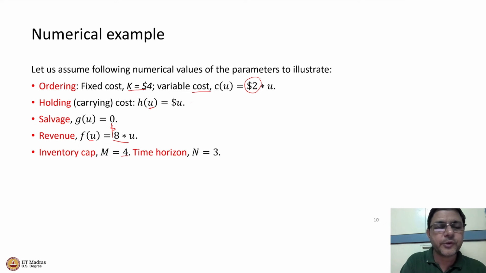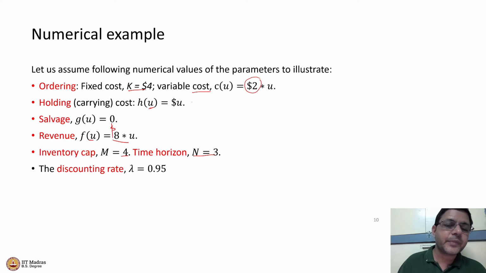We can carry only 4 units of inventory in our warehouse. Let us say that we are looking at a very small problem, only 3 time periods. We have tried to keep things similar to what we have done in the deterministic case. Here, because of the Bellman equation and the objective function that we are going to use, we may need one more parameter, and that is called the discounting factor. I'll explain that in the next slide.